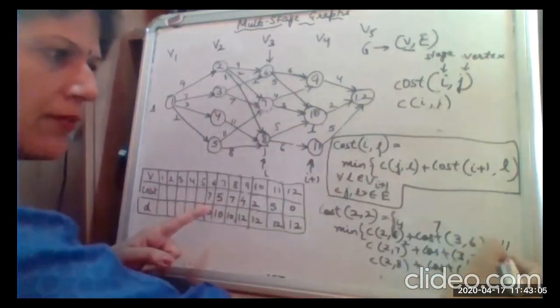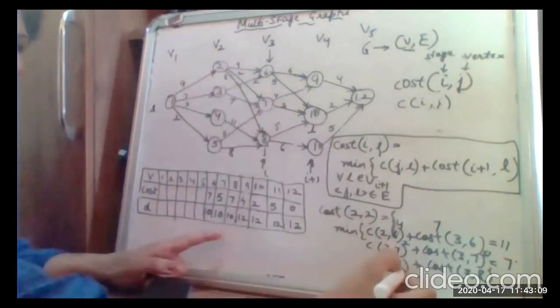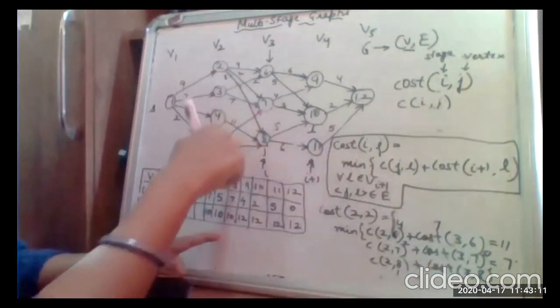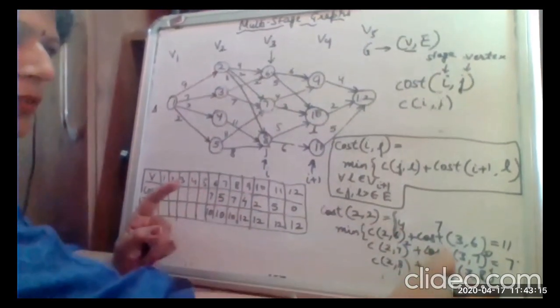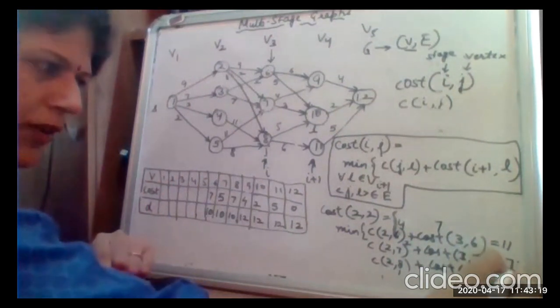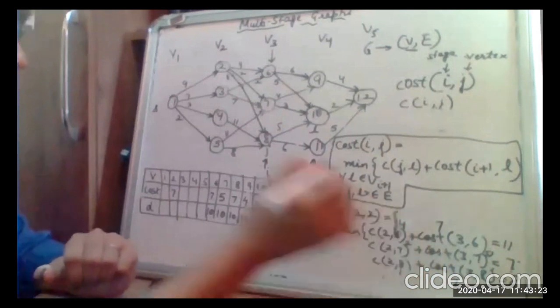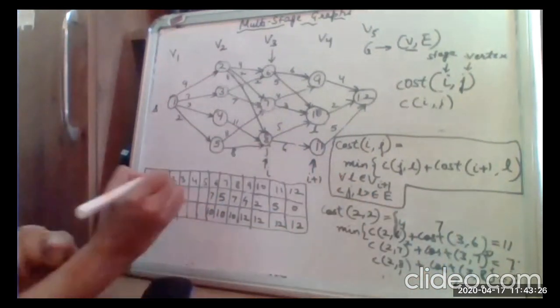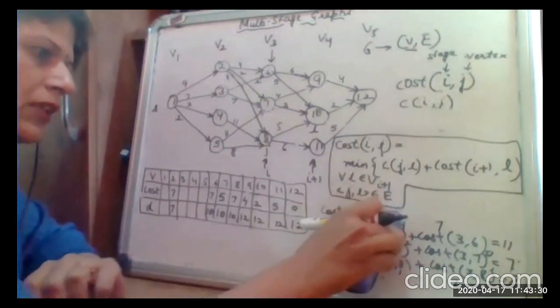So 2 plus 5 is 7. 2 to 8 is 1 plus the value at the eighth vertex is 7. So this is equal to 8. Out of 11, 7 and 8, minimum value is 7. And this is because of which vertex? 7th vertex.